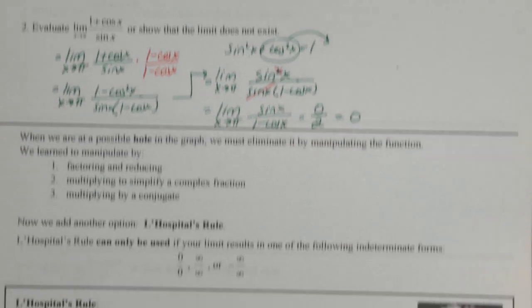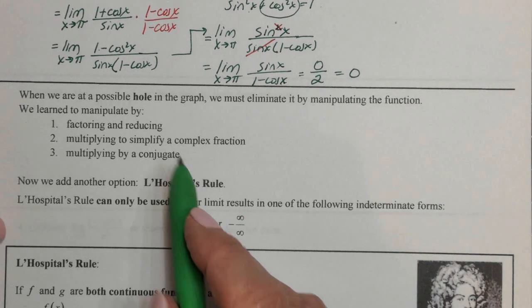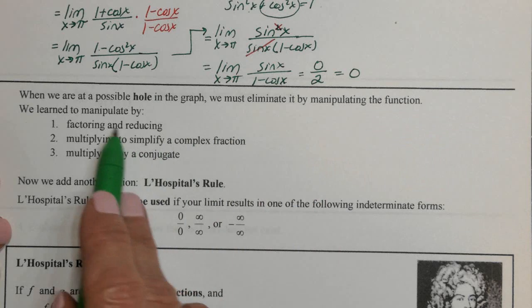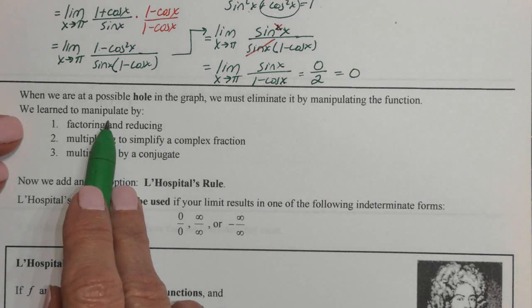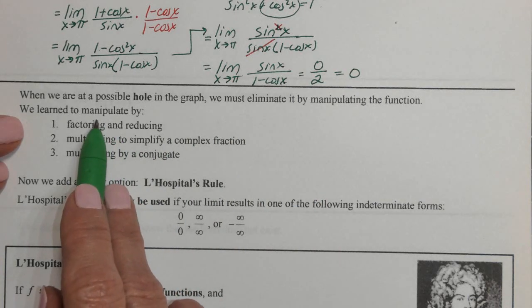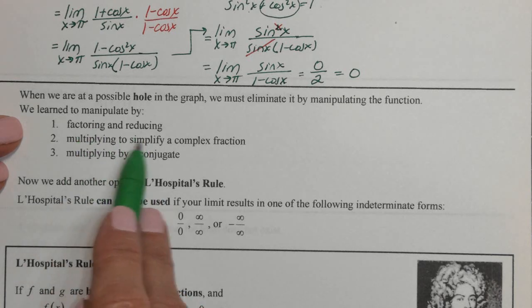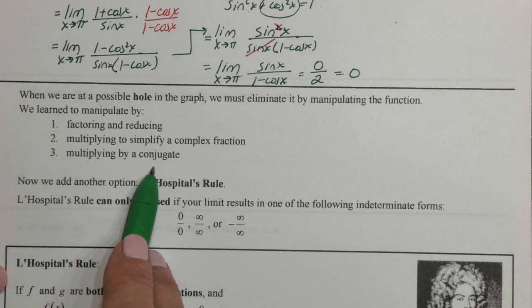Okay, when we are at a possible hole, we must eliminate it by manipulating the function. Back when we first started limits, we learned to manipulate by factoring and reducing, multiplying to simplify a complex fraction, or multiplying by a conjugate.